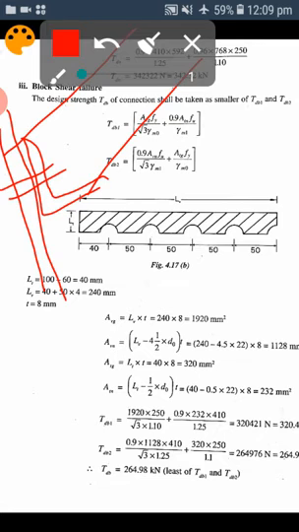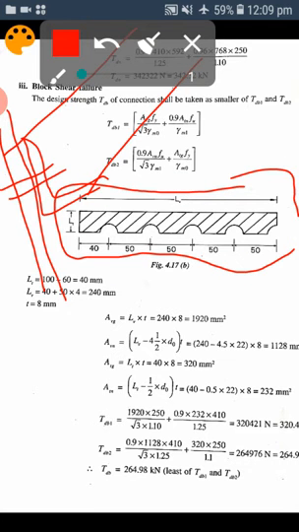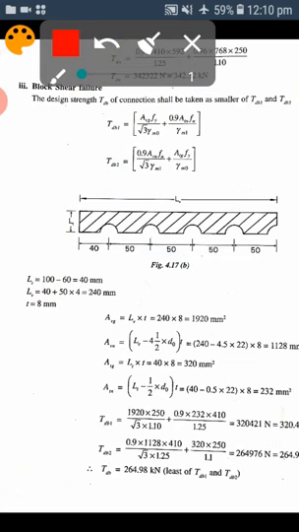Then the failure pattern of this angle, when it fails by block shear, will look like this. Some segment of the plate material may come out like this by shearing of the bolts. So this is the failure pattern of that angle section. Here it is shown.